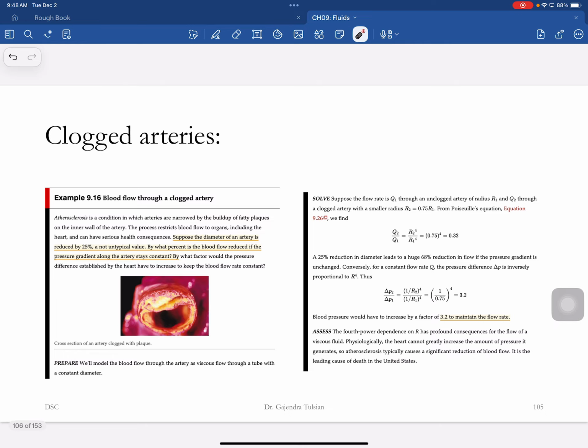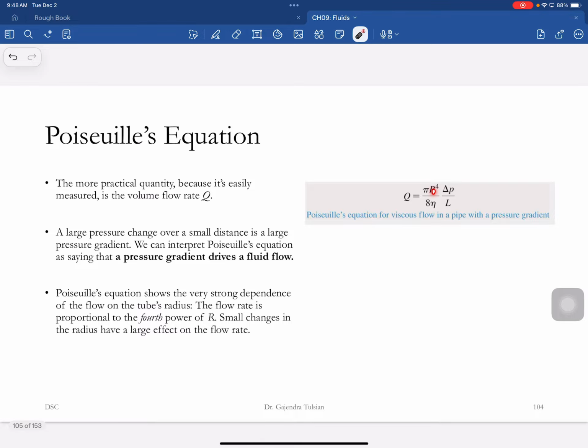Let's look at this plaque buildup. What this problem shows you is, suppose the diameter of the artery is reduced by 25% because of this buildup. So this became 0.75 of the original, healthy radius.